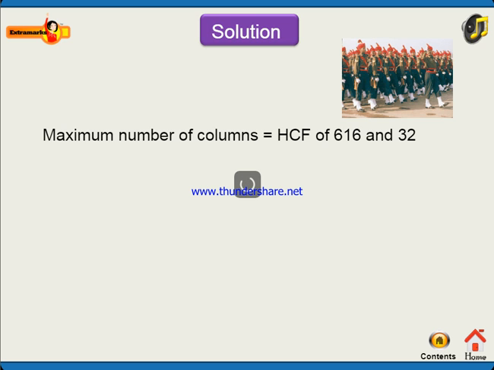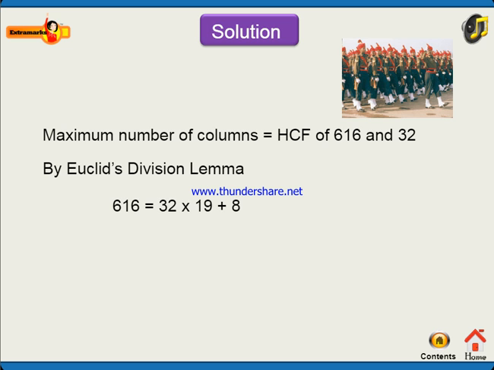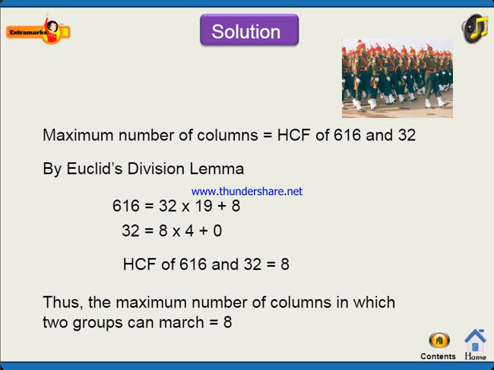Maximum number of columns is equal to HCF of 616 and 32. By Euclid's division lemma, we get HCF of 616 and 32 as 8. Thus, the maximum number of columns in which the two groups can march is equal to 8.